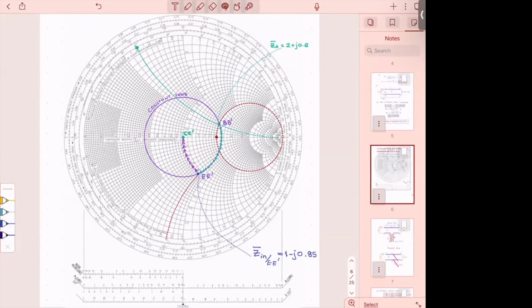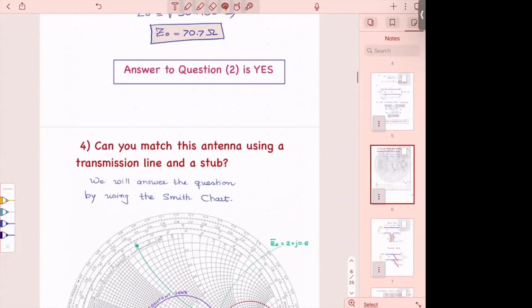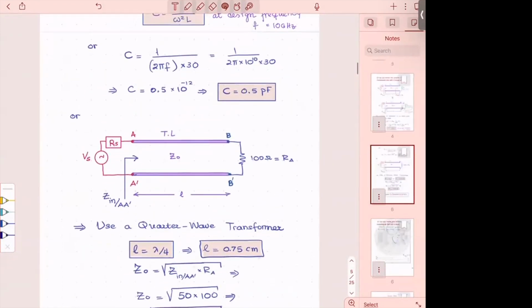You never place things anywhere at your source, at the input port or at the output port. Whenever you match a network, you never place anything right at the port. You may do it on paper only, but practically you cannot do this, all right? Because at the port, you have other issues.